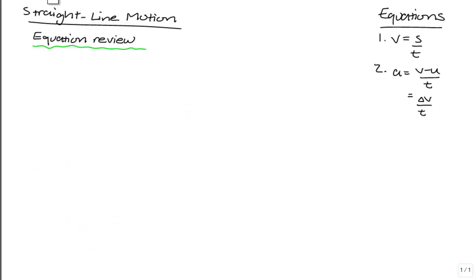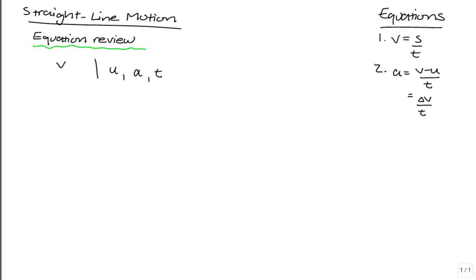Alright, so to derive our new equation, we want an equation that relates the velocity, v, of an object, and this v represents the final velocity of the object, to the initial velocity, u, the acceleration of the object, a, and how long that acceleration acted for, t.